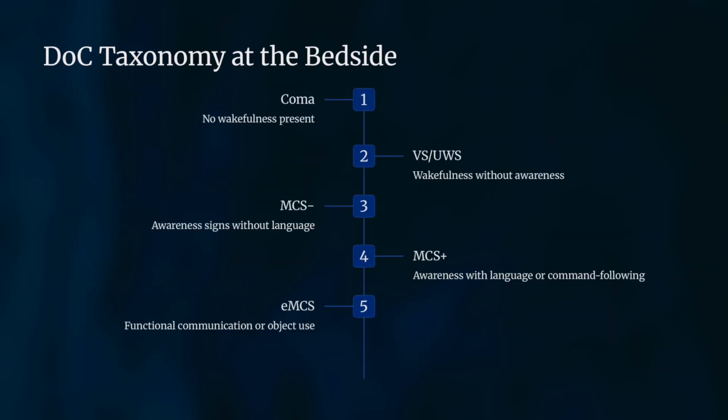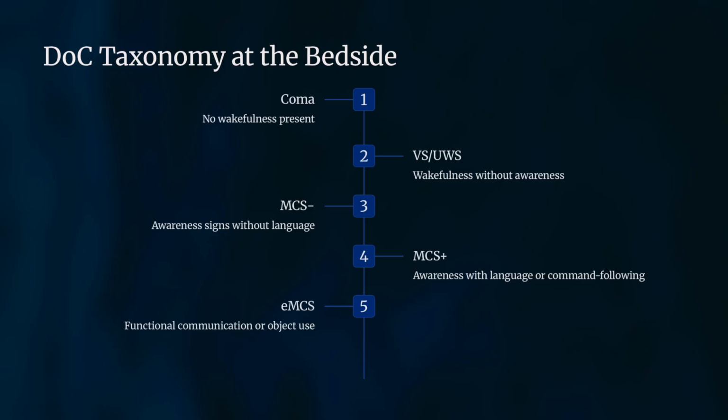So what is the taxonomy we are using? We go from stage 1, that is coma, where you are getting absolutely no wakefulness. The patient is totally not awake at any point in time. Then you have the vegetative state or unresponsive wakefulness state. In this state, the patient is wakeful, but is unaware of the surroundings.